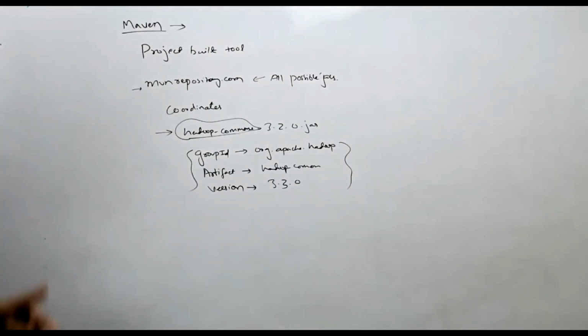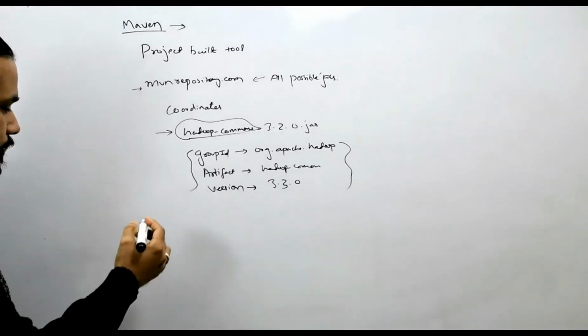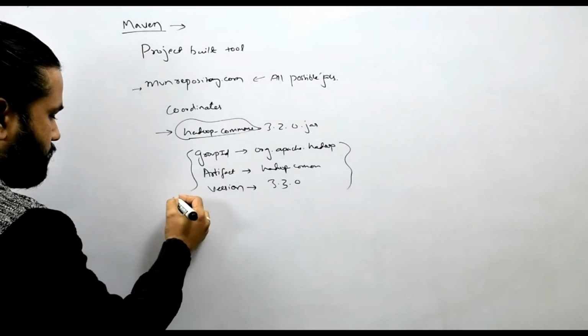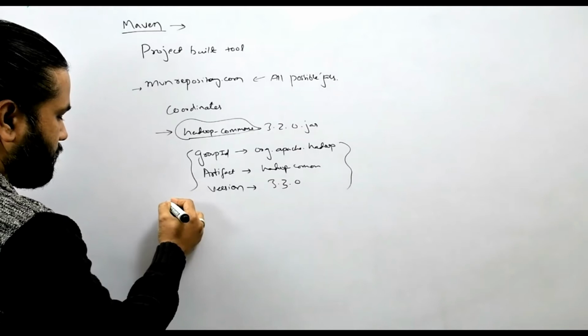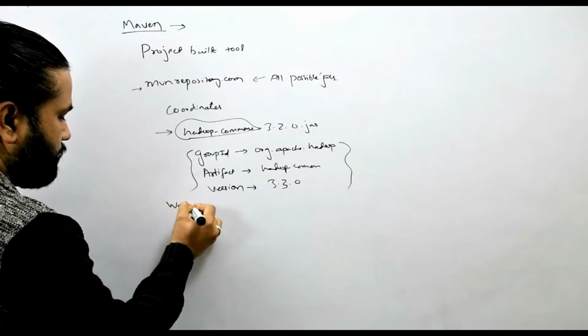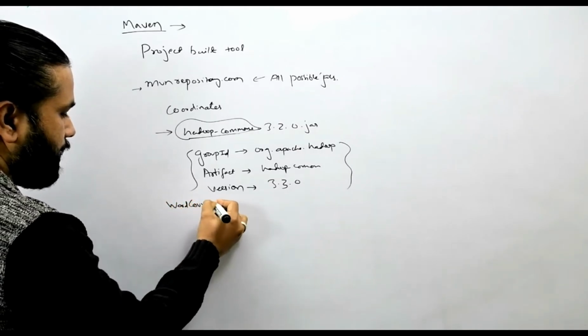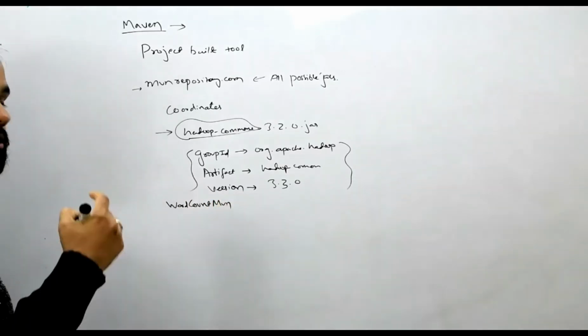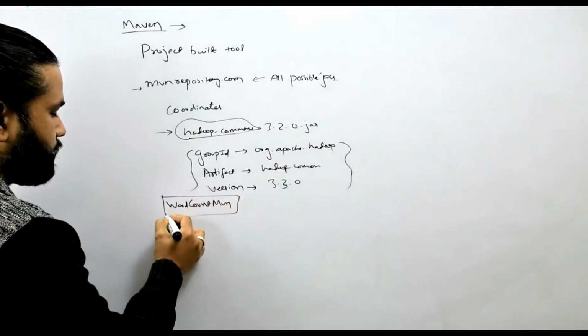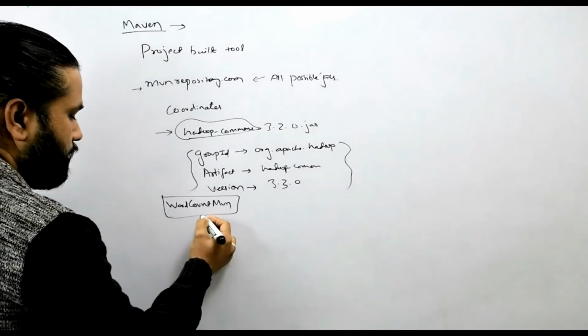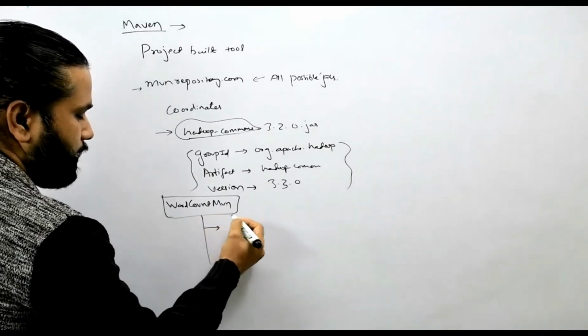Now, whenever you are working with a Maven project, let's assume this is your Maven project, let's say word count Maven. You have created a Maven project in your Eclipse or IntelliJ, and here you'll get the source and all.